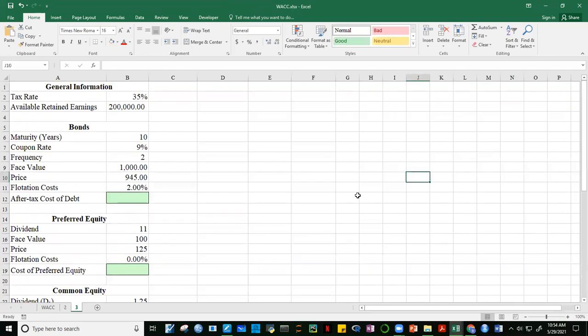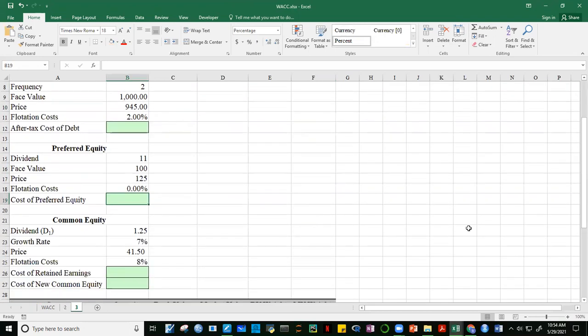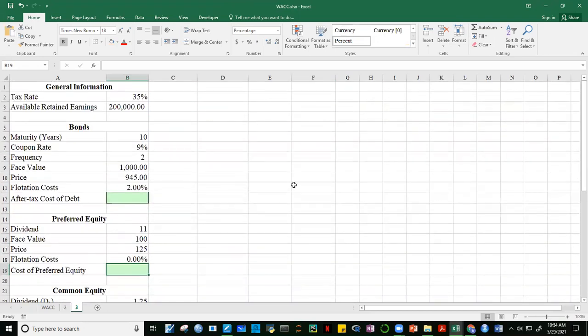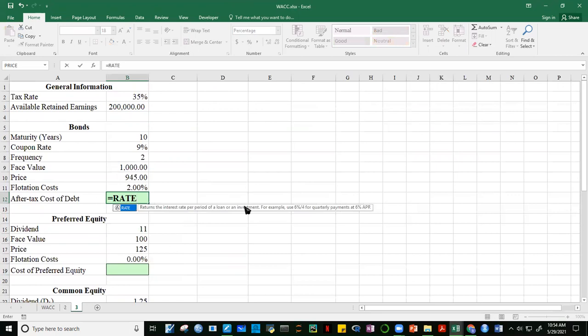So lastly, ito practice lang. So for this last exercise, okay, so we compute for the cost of debt, cost of preferred, and cost of equity. Okay, cost of debt muna, after tax is equal to, as usual yung rate natin, rate. Ano ba yung NPER natin? Okay, may frequency dito, ibig sabihin semi-annual to, 2 times a year. So our NPER will be 10 years, okay, times 2.